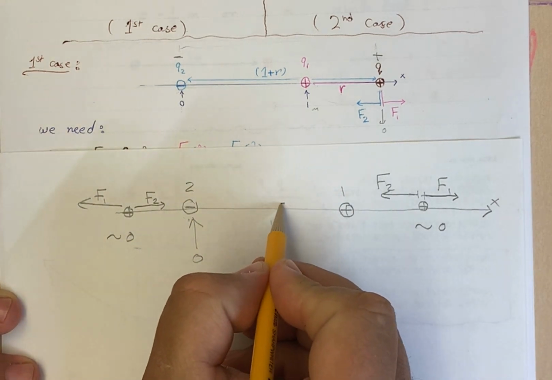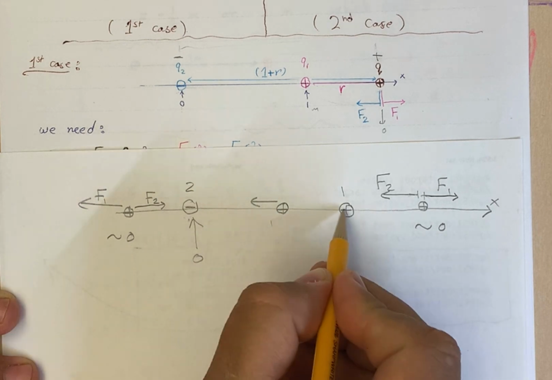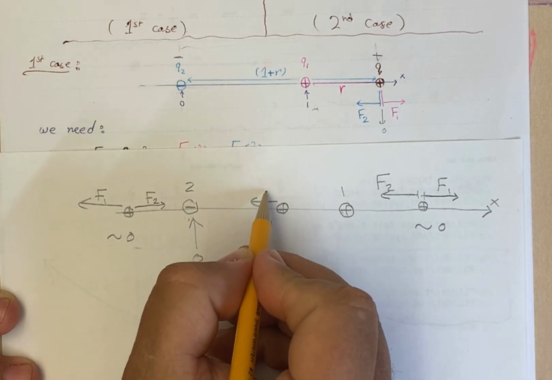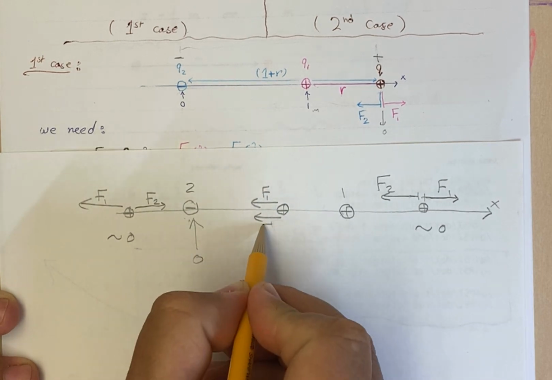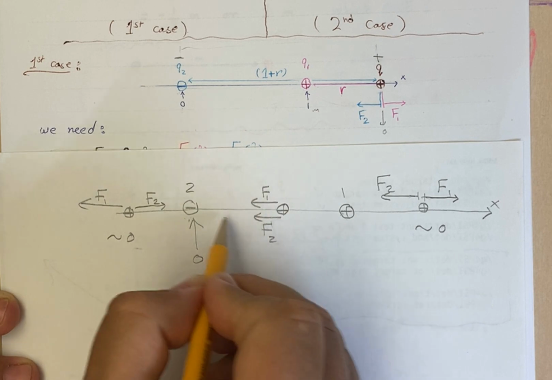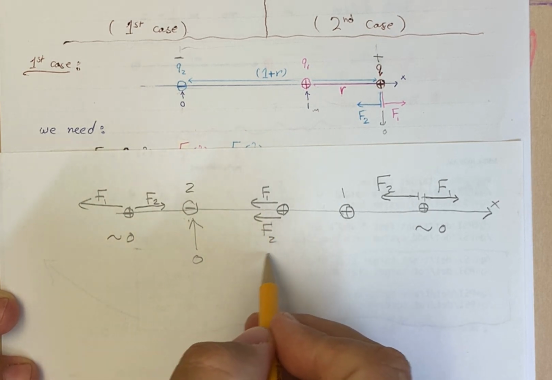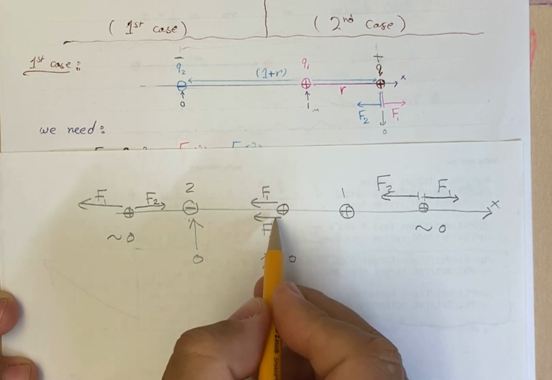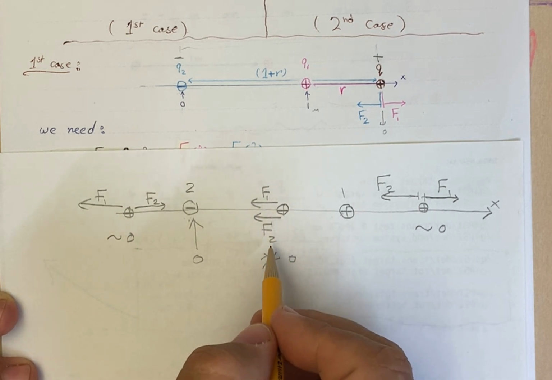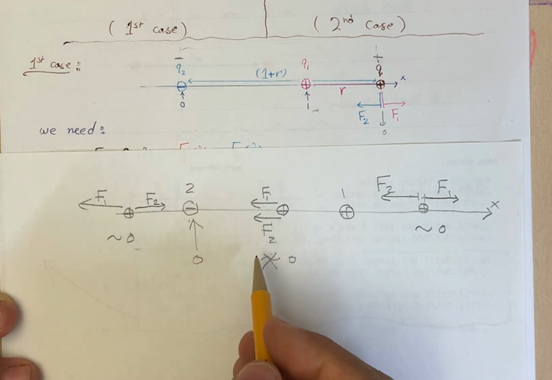But what if we put it in between the charges? You can see we have a repulsive force from the first one to the left, and we also have an attractive force from the second charge also to the left. So we cannot find 0 force, so we don't have any balance in between the two charges, because we need to add F1 plus F2, and there is no possibility to have it 0.